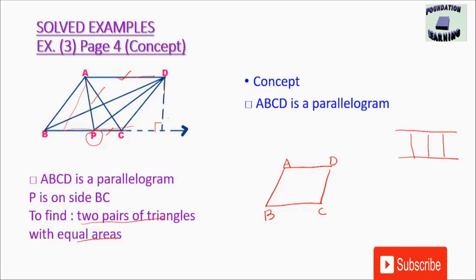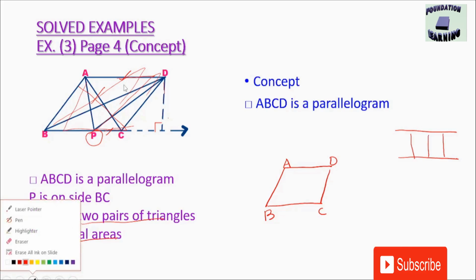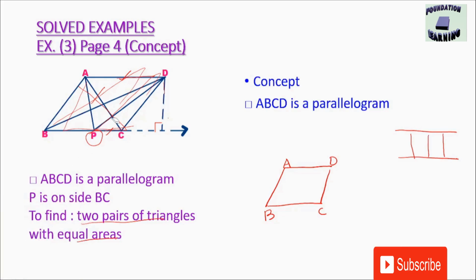ABC is one triangle. Then you have BDP, then PDC. There are so many; the diagram is going to get untidy. So we'll take the triangles and try to find out which triangles have equal areas.